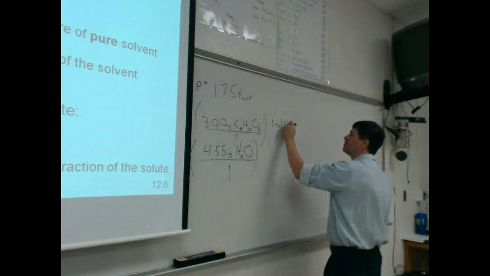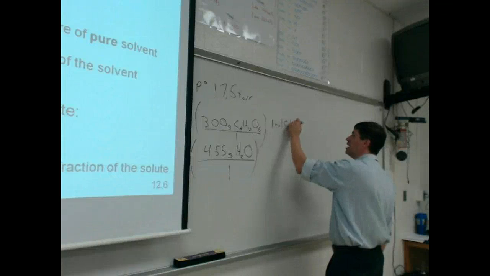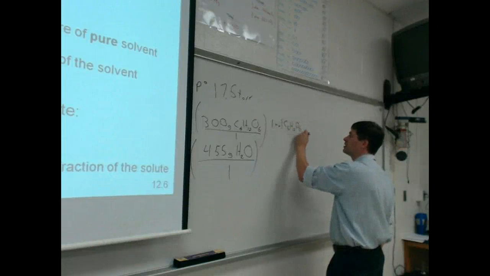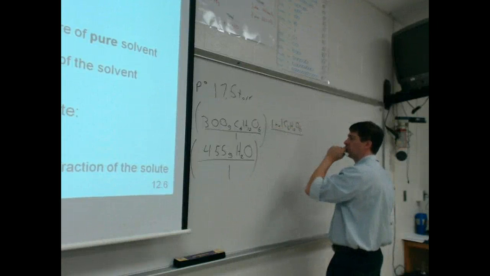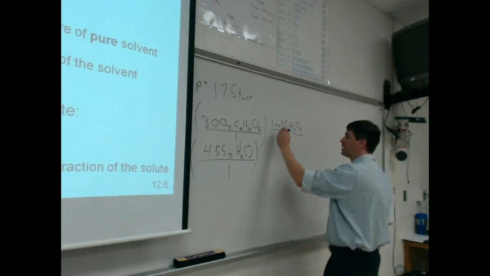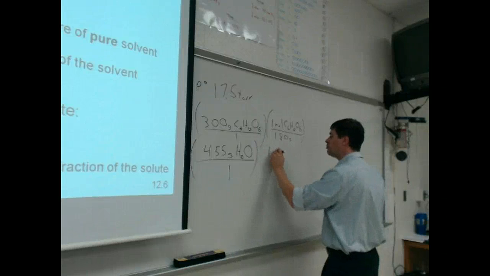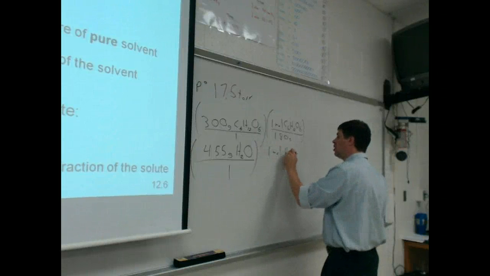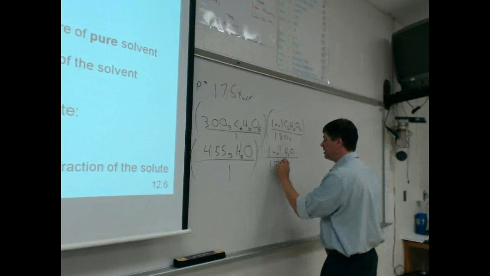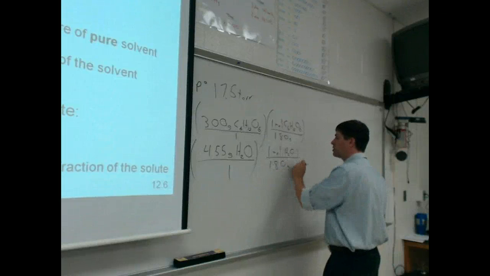1 mole of C6H12O6 is what? 180 grams. And 1 mole of water is 18 grams.